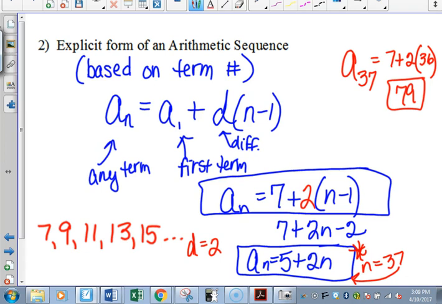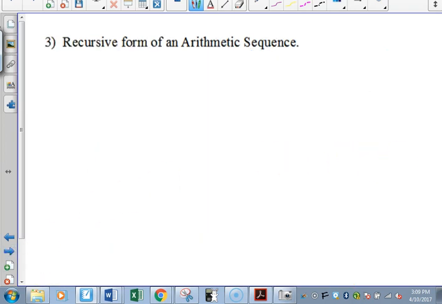You with me, guys? The difference and the first term. I can say the difference is 2 and come up with a totally different sequence. Do you understand that? If I started with 4, it would be 4, 6, 8, right? Okay. So the two things you need to know are, what did we decide? The first term and the difference, okay?